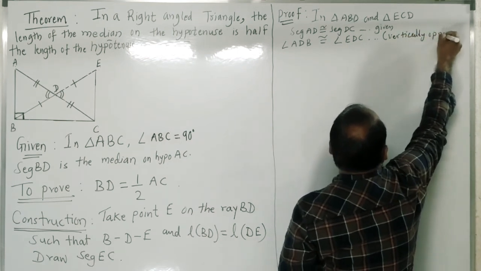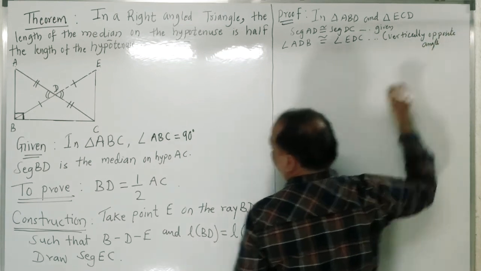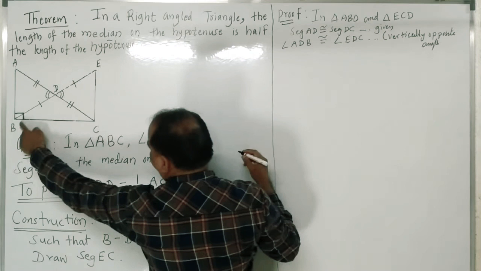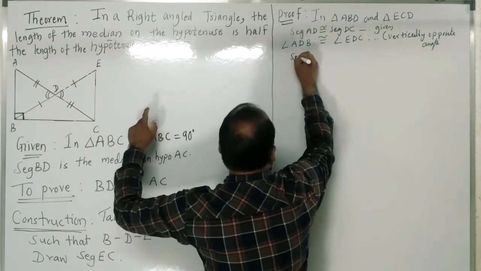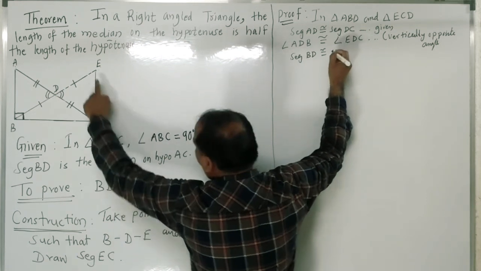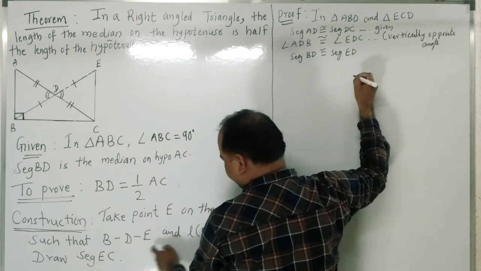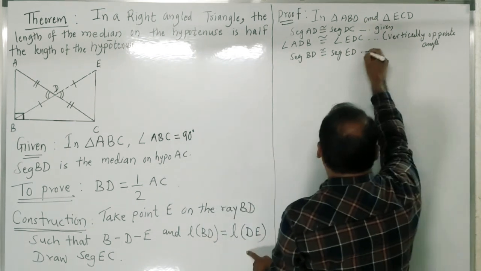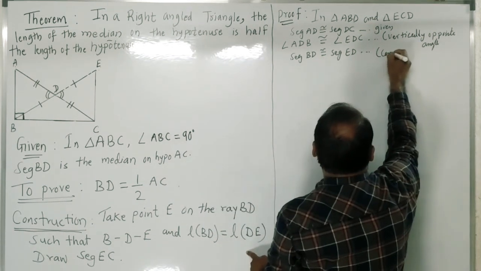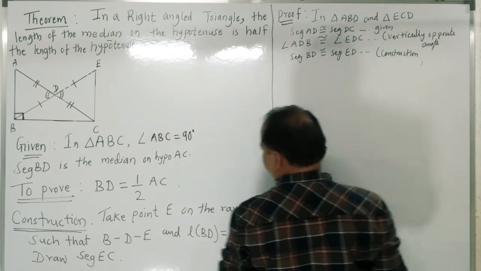Then segment BD is congruent to segment ED by construction.